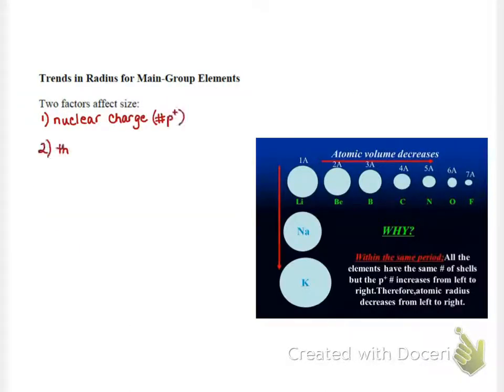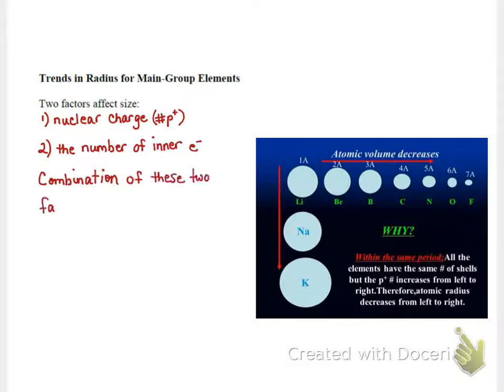So there are two factors that affect the size of the atom. And that is the nuclear charge, which is the number of protons in the nucleus, and the number of inner electrons. Those are the electrons that are on the inside electron levels, the ones that are filled up.